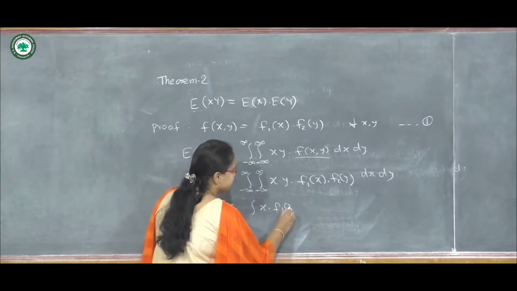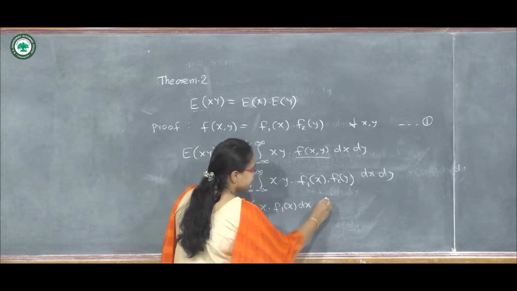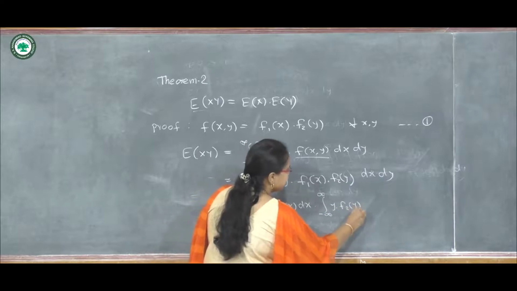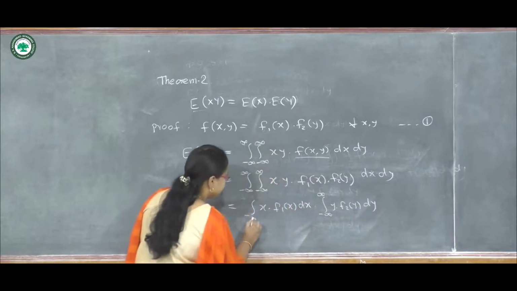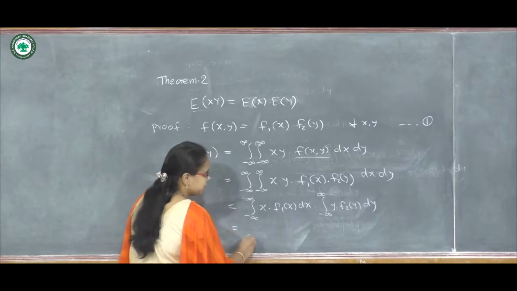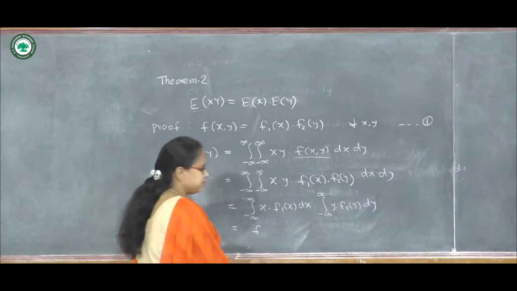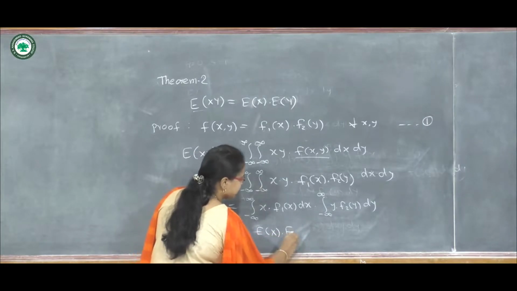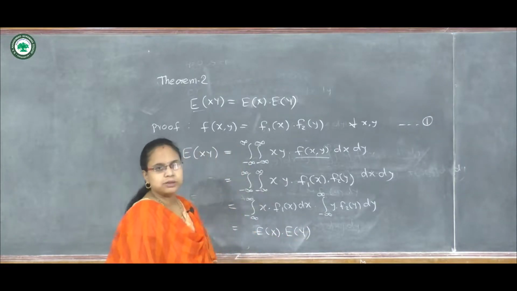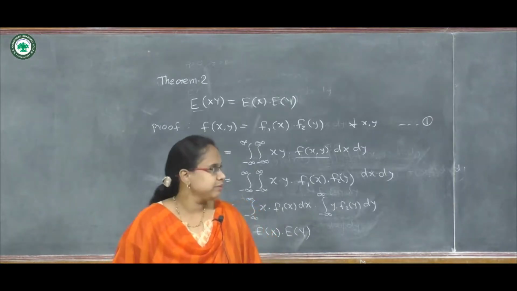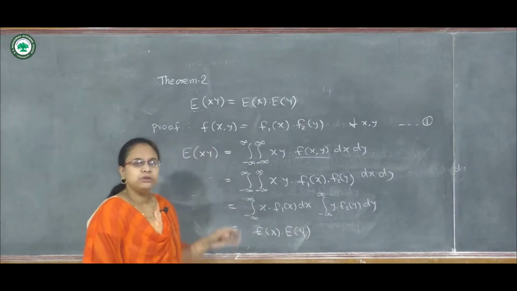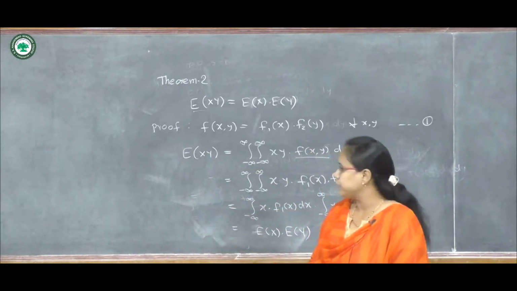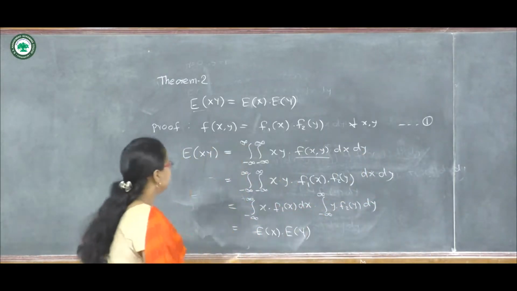So the integration of x times f1(x) dx times the integration of y times f2(y) dy. We know that this is expected x and this is expected y. So hence the proof of the second theorem. So these are two theorems related to the expectation of bivariate random variables. Let's see one example.